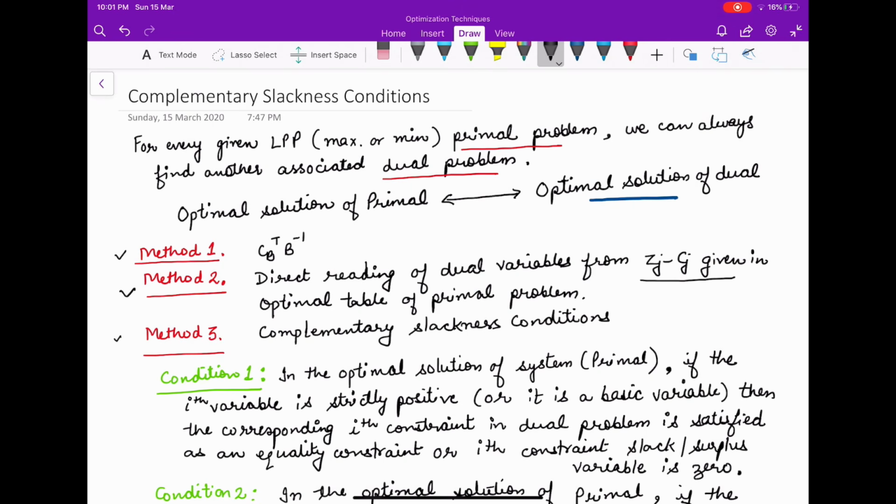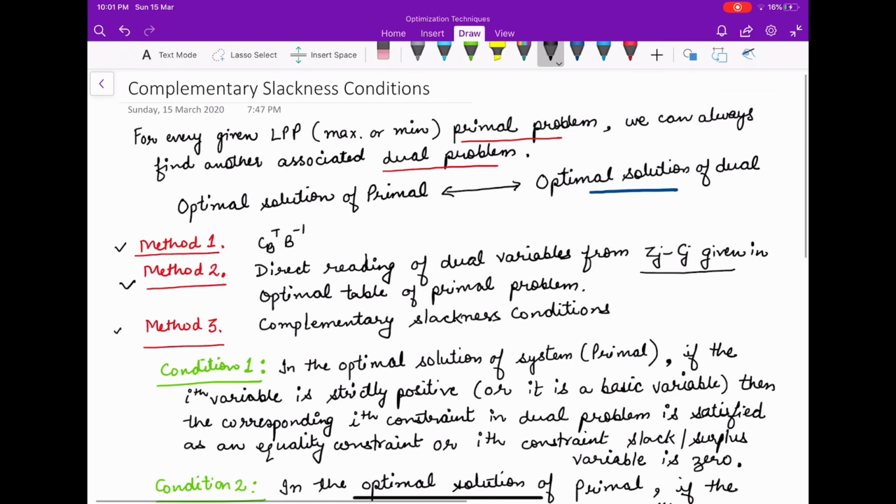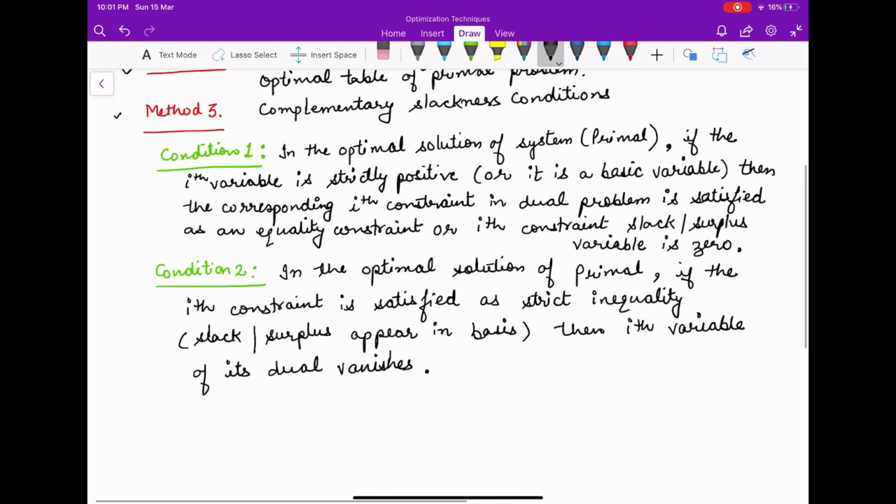So there are two conditions that we can apply in that, and then we can find the optimal solution. The first condition says, in the optimal solution of the system, whichever system we are solving, currently let's say the primal system, if the ith variable is strictly positive or it is a basic variable, then the corresponding ith constraint in the dual problem is satisfied as an equality constraint. Or I can say the ith constraint slack surplus variable is 0.